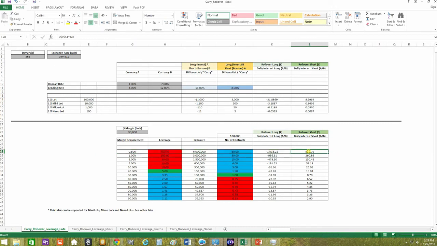Because as we mentioned earlier, it's not just about whether your account receives a net credit. It's also about the interest rate differential between the two countries and the speed and direction that they're moving, which is what we're going to come on to later.